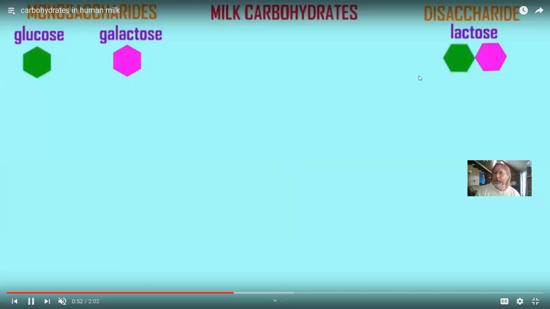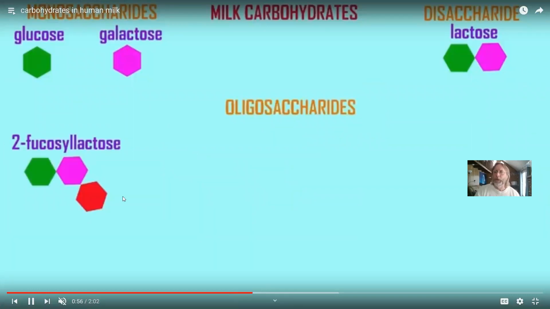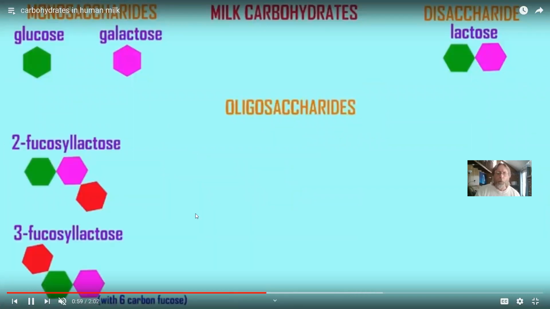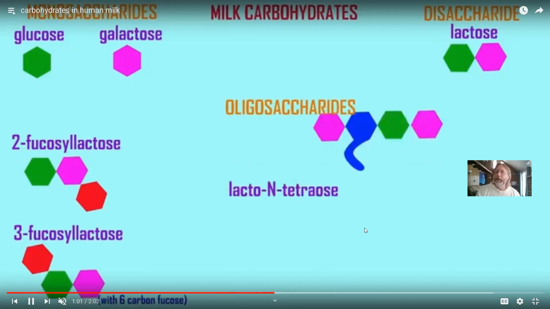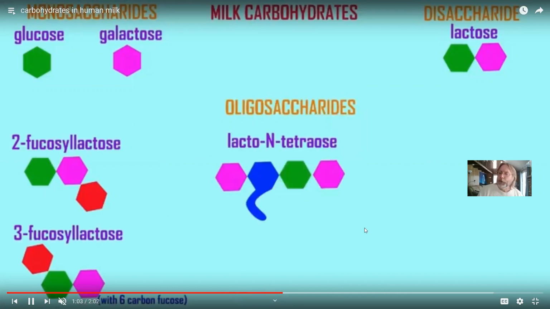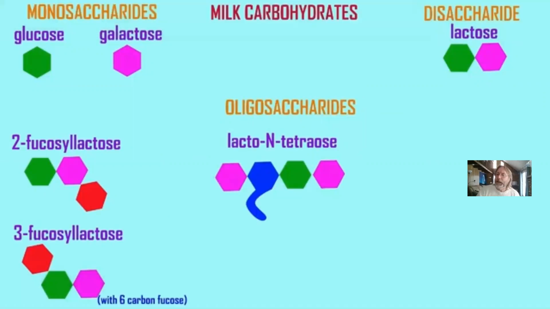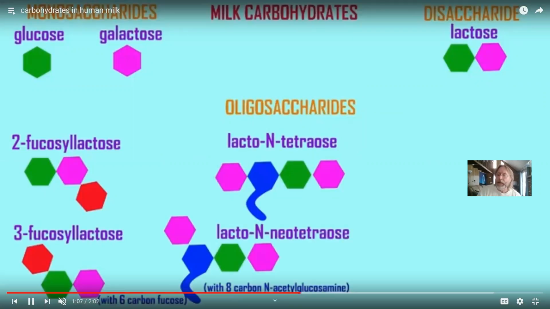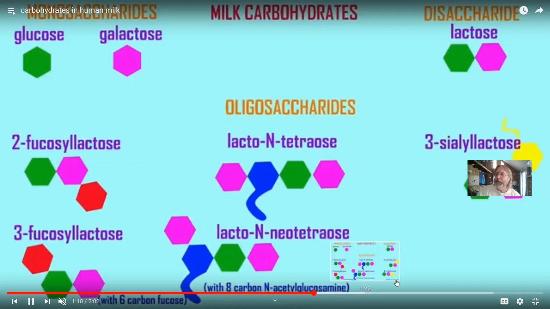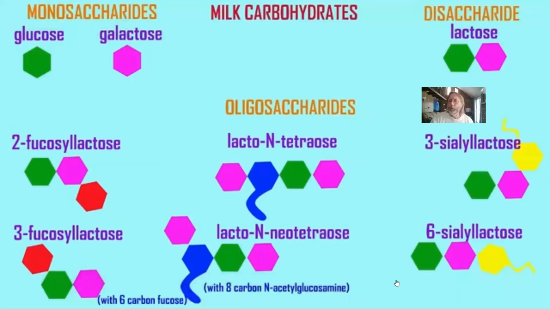And so if the milk has these oligosaccharides with more than two sugar groups, what are they doing? And the answer is they're primarily to nourish a healthy set of microbes in the infant's large intestine. And so that will promote health.